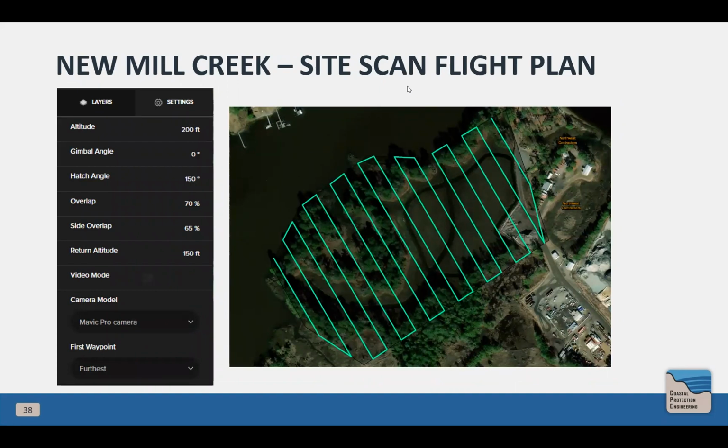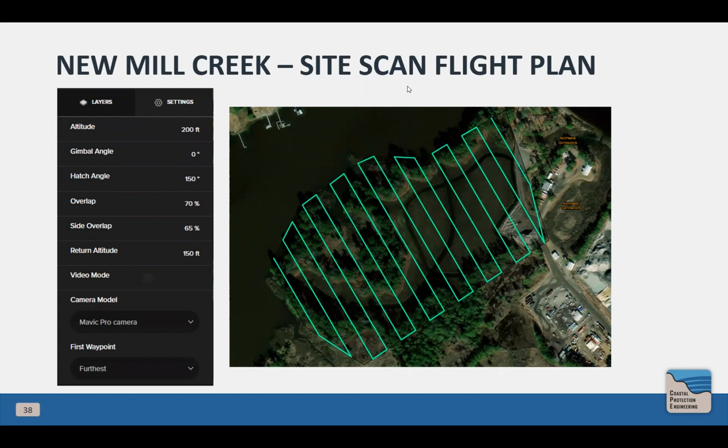So for those who have flown drones, we had an altitude of 200 feet and we had a 70% overlap. So earlier I discussed how we have to have overlap with our images. So in this case, as the drone flies, it's collecting photos along these lines, and you can set how close those photos are spaced together.